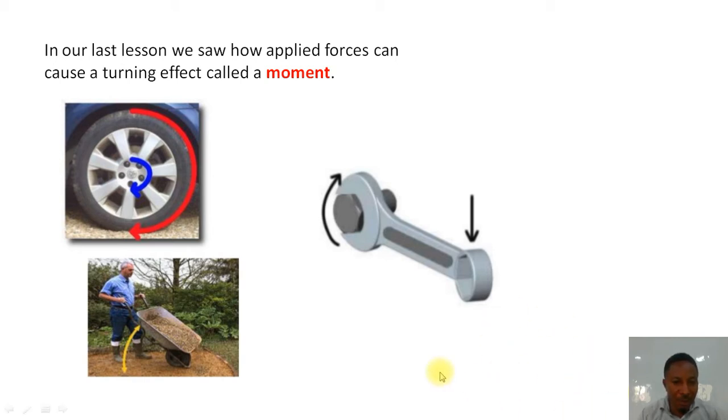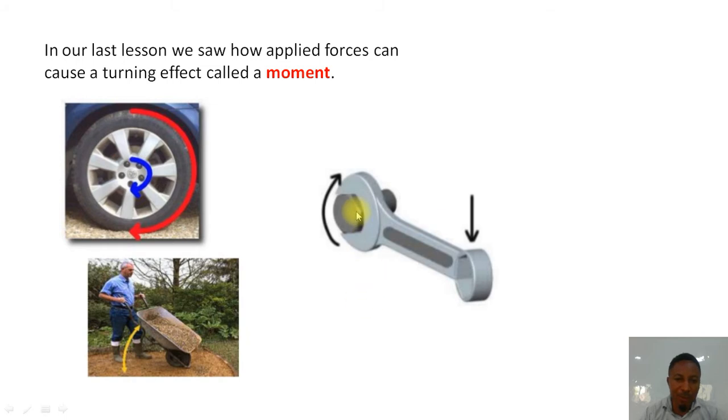Now look at these simple machines here, these levers. This is a spanner and this is a wheelbarrow. This is a tire, a wheel of it. Now if you have a spanner and then you apply a downward force this way at this distance from the pivot or the fulcrum, the middle of the knot, you observe that when you apply a force, it's going to cause a turning effect.